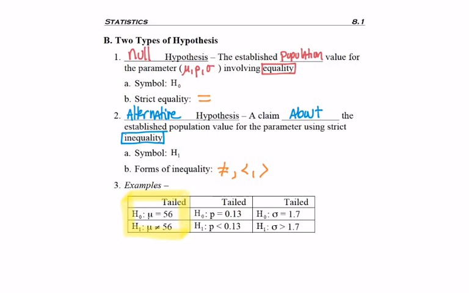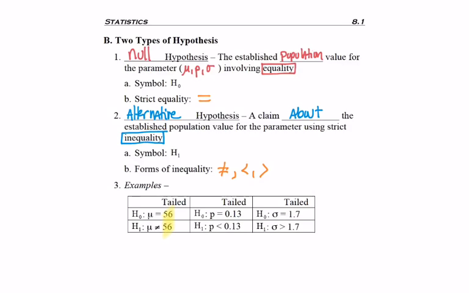So here are some examples where I've just listed all three together. This first one is an example where we're challenging a population mean. We still always list H0 and H1. H0 has equality in all my examples because that's always true, and then I have some form of inequality in the alternate or alternative hypothesis.